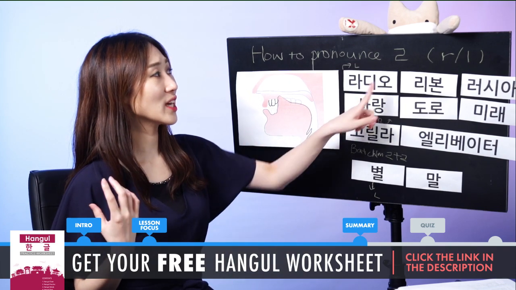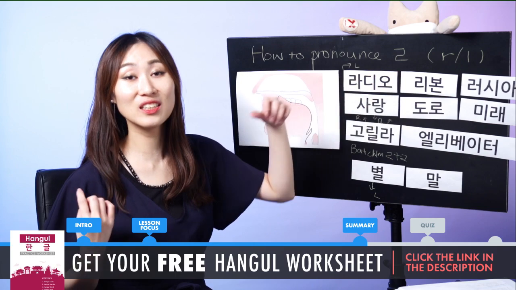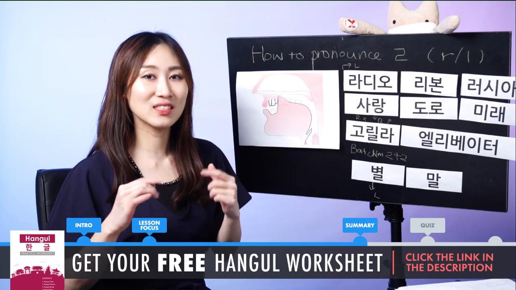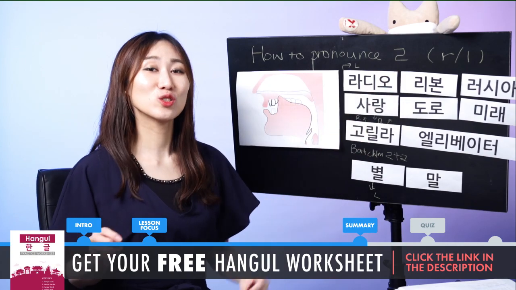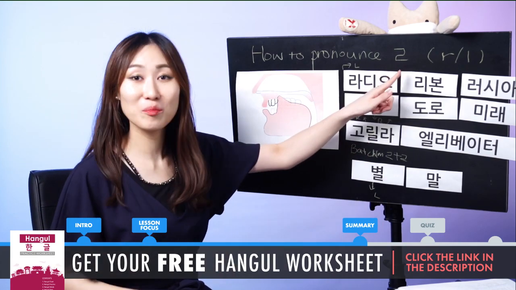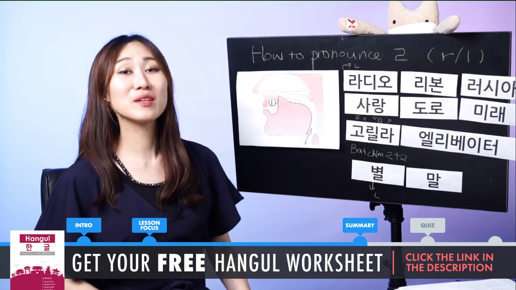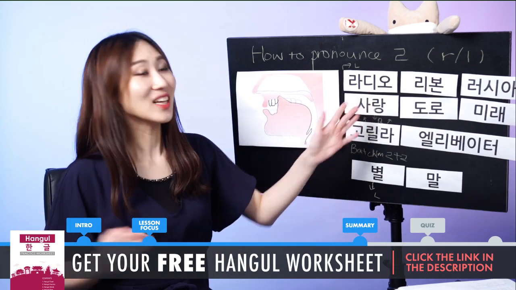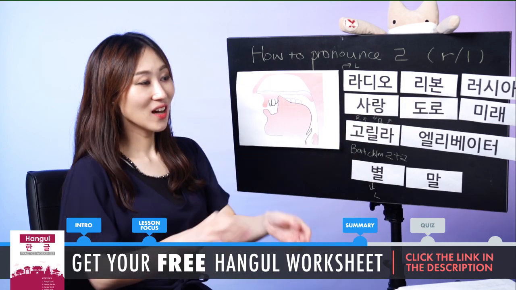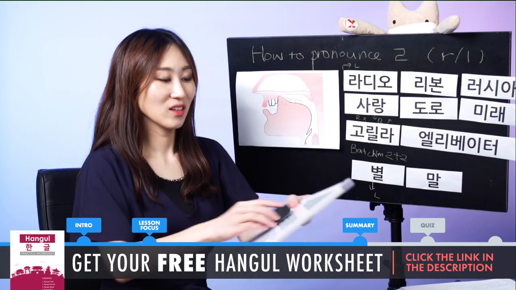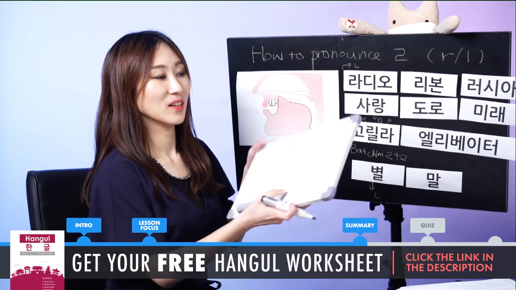So if you can't pronounce this real sound clearly, that means your muscle is not really built up yet. You need to build the real muscle by practicing a lot. 라디오, 리본, 러시아.